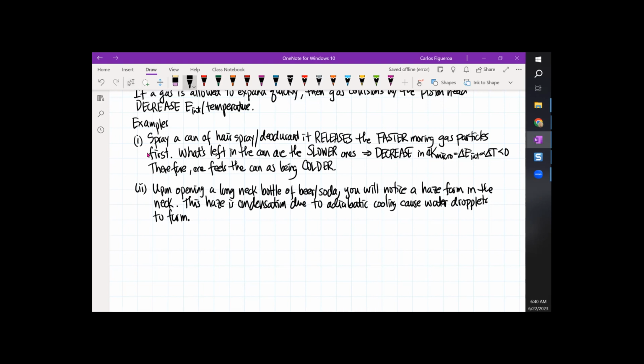Now, why is it causing water droplets? Because when you open the bottle, what gets off first is the faster particles, leaving the slower ones, which then means the temperature drops.